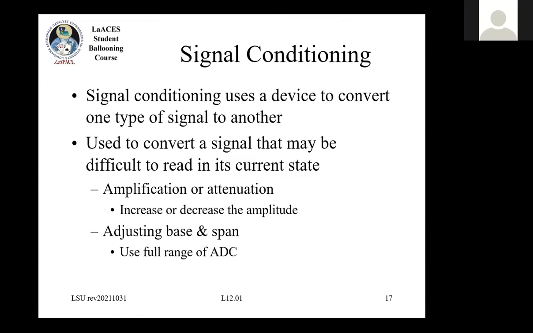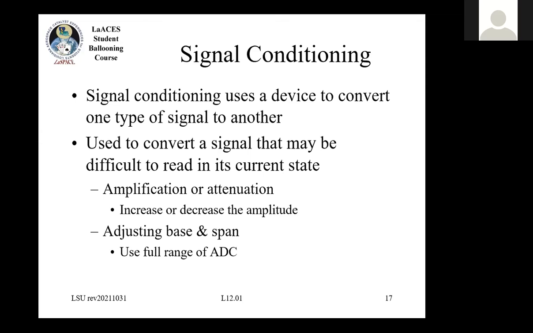So I can also use this same sort of math to figure out what my signal conditioning, my amplifying circuits, are. If you remember, the signal conditioning is what we use between our sensor and our ADC readout. It converts a signal that's difficult to read, that's not in the right range, and gets it to match. We can either increase or decrease it.